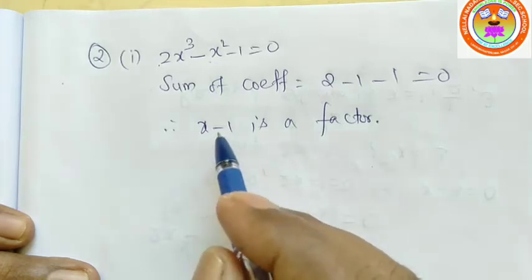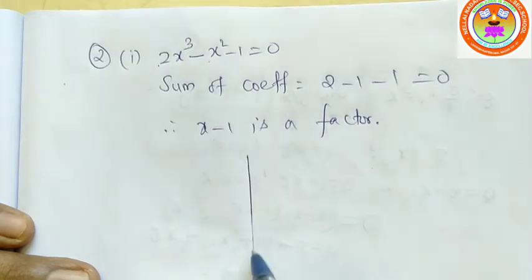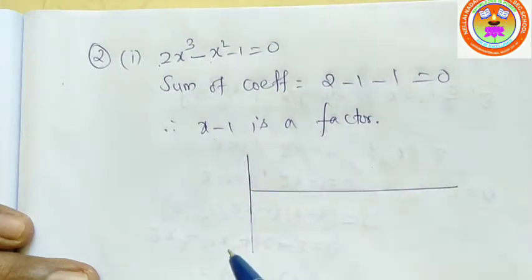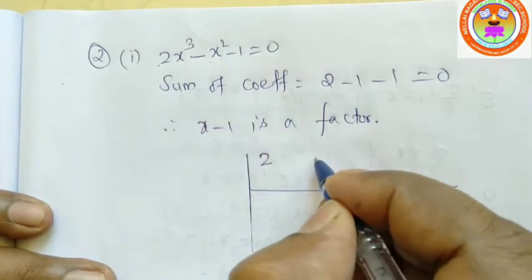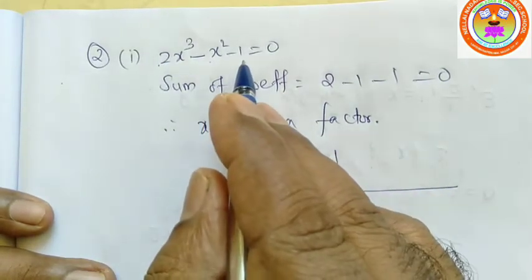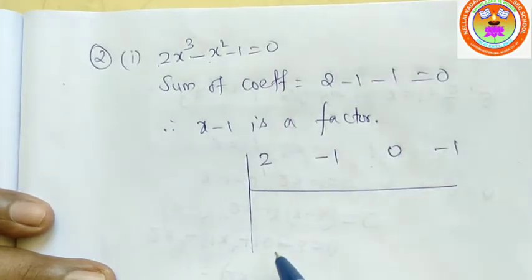So if we divide this equation by x minus 1 with the help of synthetic division: 2x cube, so 2; there is an x square term, so minus 1; no x term, so in place of the x term we apply 0; then minus 1.